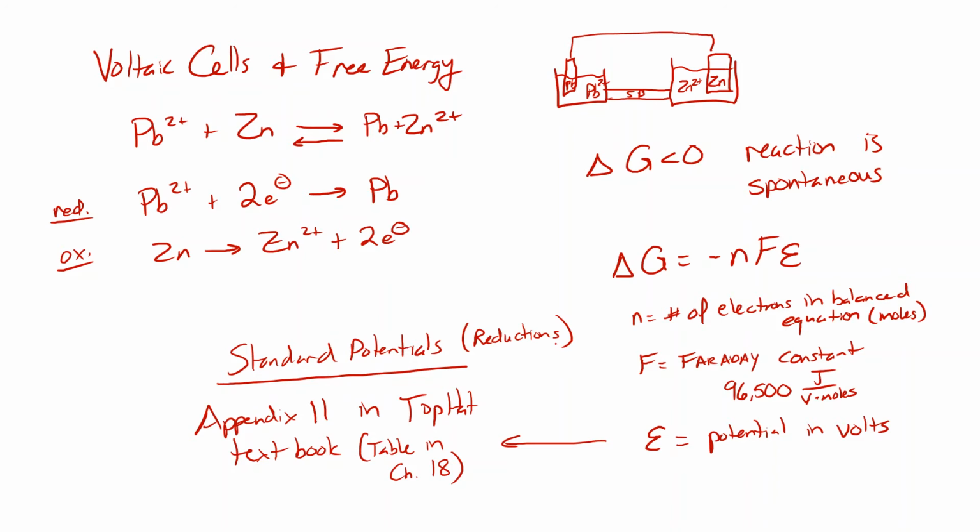So when you look this up in the table, you're going to see things like lead 2 plus 2 electrons goes to lead. Zinc 2 plus 2 electrons goes to zinc, right? So it'll always be with electrons as the starting material, as the reactant.